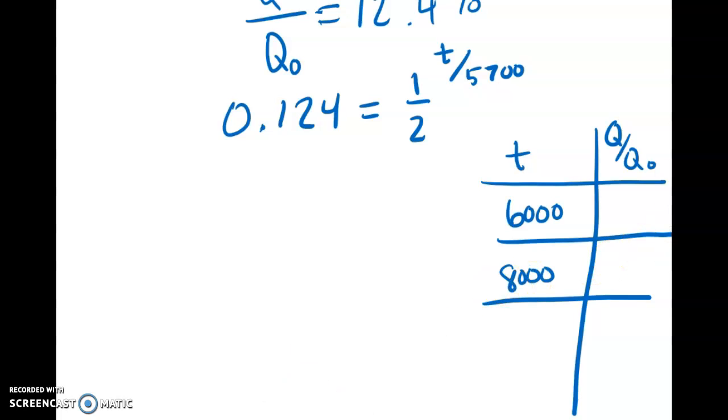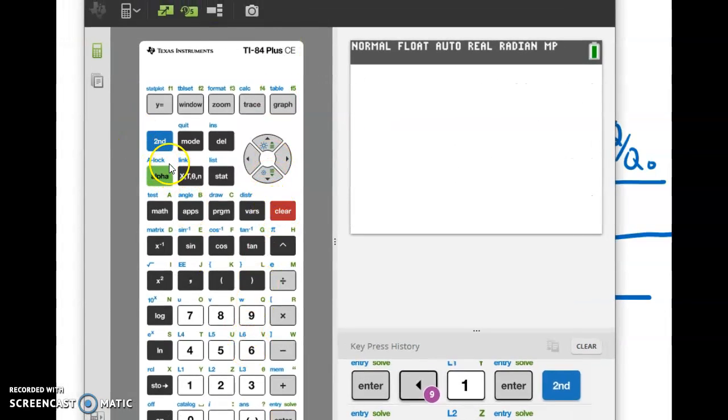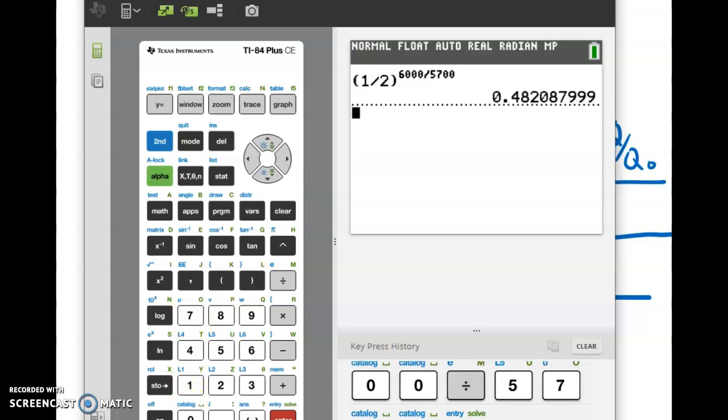So pulling over my calculator. 1/2 raised to the 6,000 divided by 5,700. I get 0.48, so I'm not low enough yet.